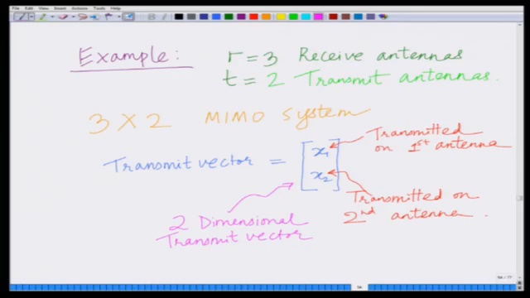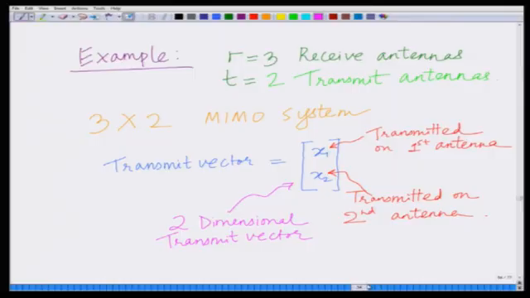What we have is a 3 cross 2 MIMO channel, which means we have 3 receive antennas and 2 transmit antennas. Therefore, on each transmit antenna we can transmit a symbol. So, x1 is the symbol transmitted on the first transmit antenna, x2 is the symbol transmitted on the second antenna, x1, x2 is therefore the two dimensional transmit vector which comprises of the symbols transmitted from both the transmit antennas.